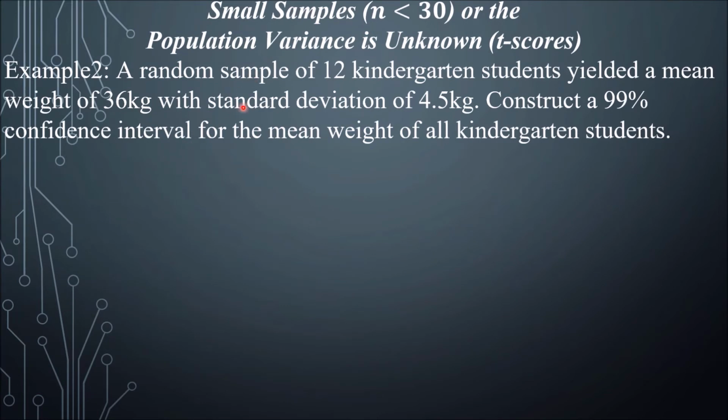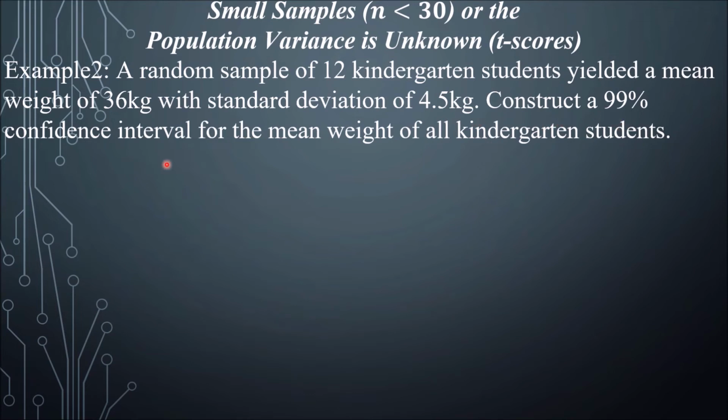Example number 2. This time, small samples, n is less than 30, or the population variance is unknown. So if we are going to solve this one manually, we will use t-scores. A random sample of 12 kindergarten students yielded a mean weight of 36 kilograms with standard deviation of 4.5 kilograms.